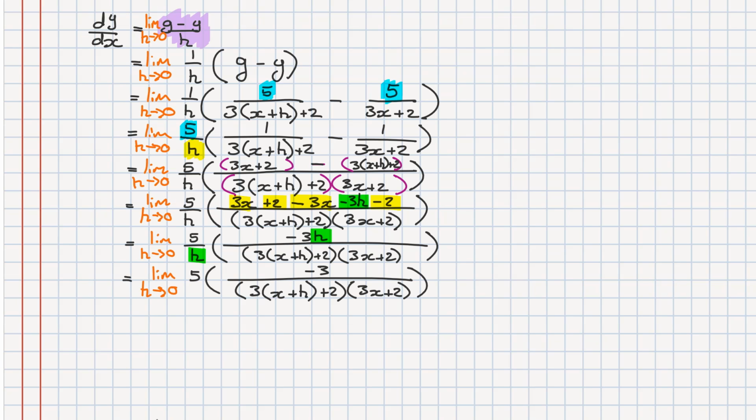So we're going to go for the limit now. So although we're observing h as it approaches 0, every time we see an h in this expression now, we can replace the h with a value of 0 because h effectively becomes nothing. So evaluating that.